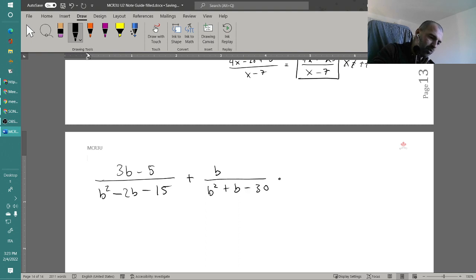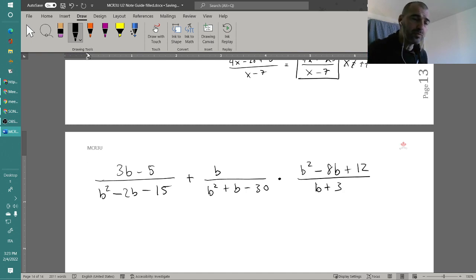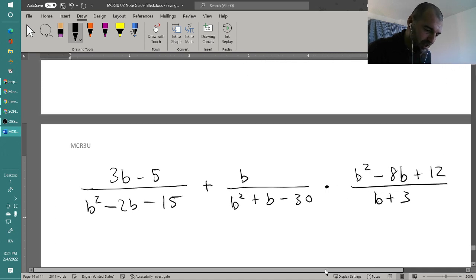Okay, and then we got multiplied by b squared minus 8b plus 12 over b plus 3. So this one looks pretty big here to start with.